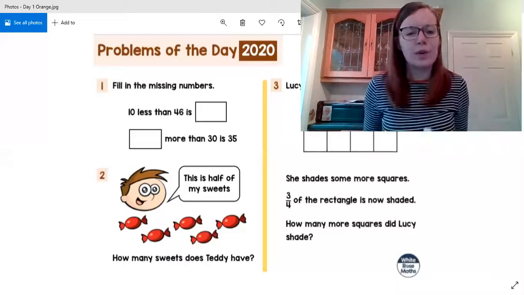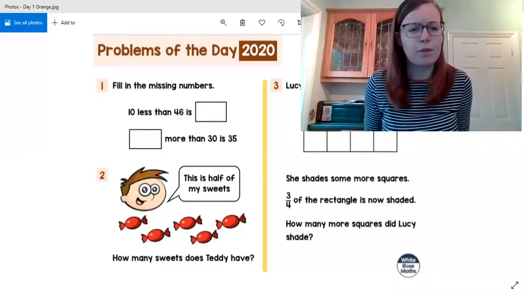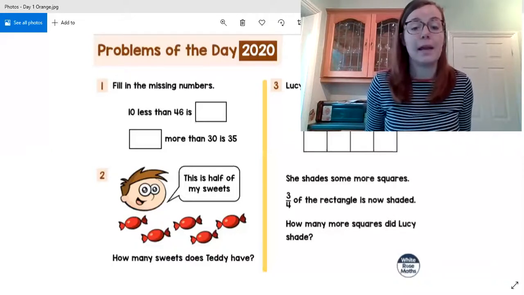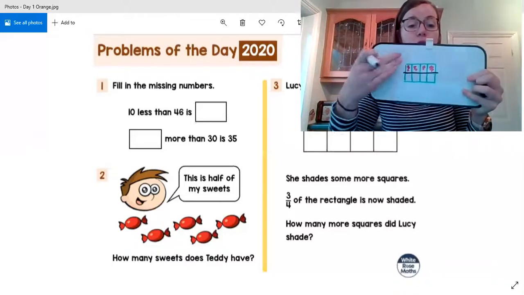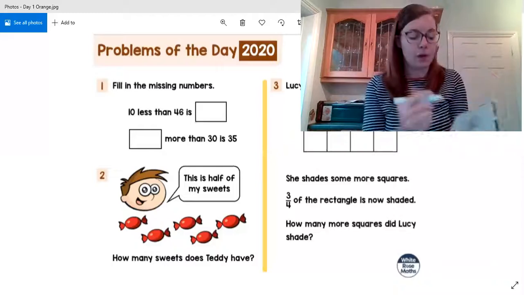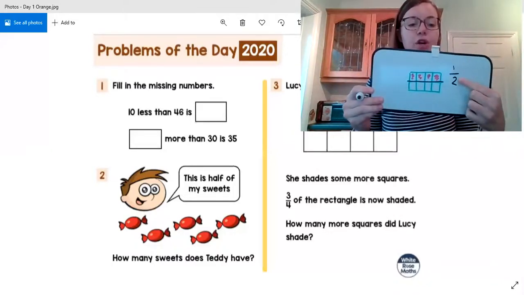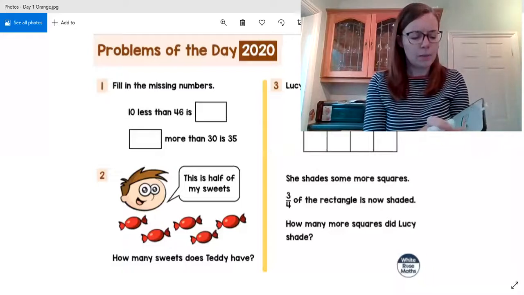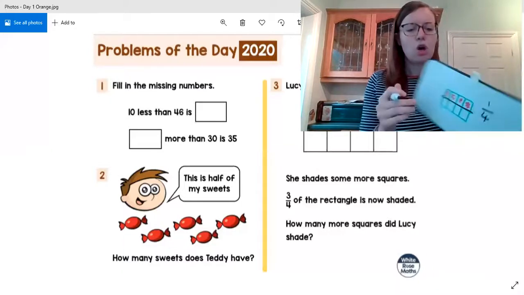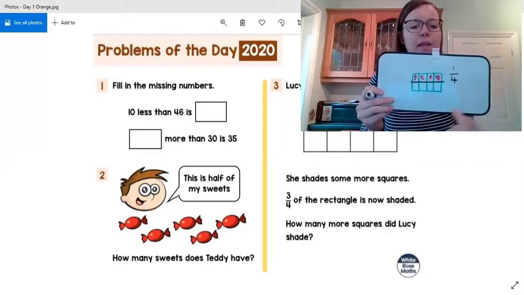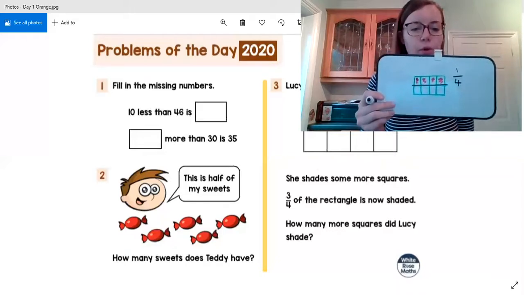Now, we don't actually want half, we want 3/4. We know that when we cut something in half, we use 2 equal groups because the denominator of a half is 2. Well, this time we're going to be looking at quarters. So if the denominator is 4, we need to cut this into 4 equal groups.